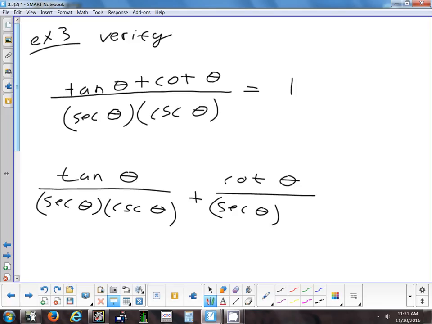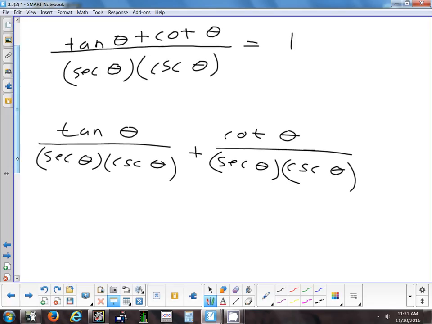So let's see what happens. Everything we did so far is fine. We just used algebra or basic arithmetic to take a fraction and split it into 2 parts. Now I would definitely change everything to sines and cosines, and we're going to hope that this leads us in the right direction and something cancels out.